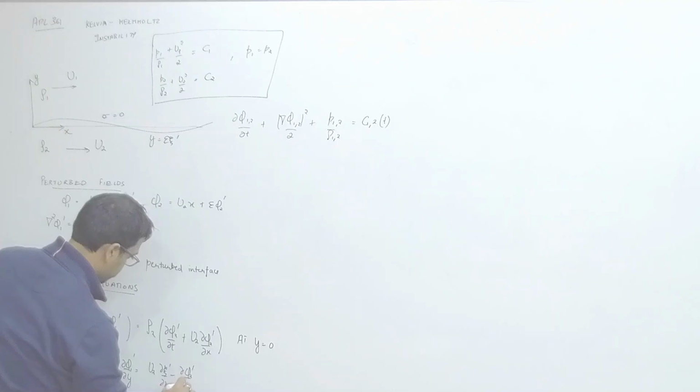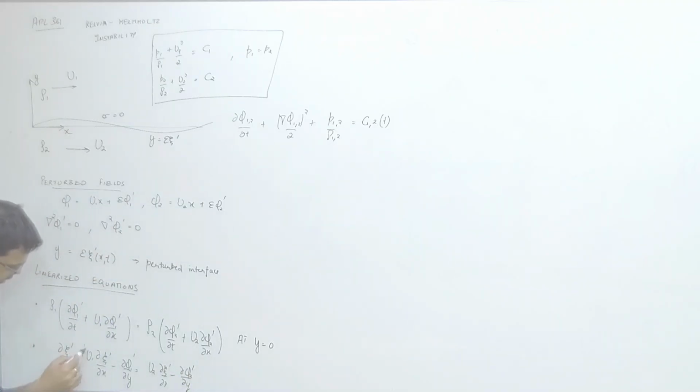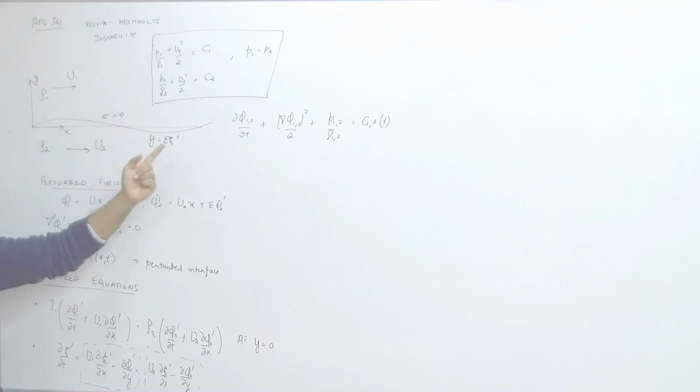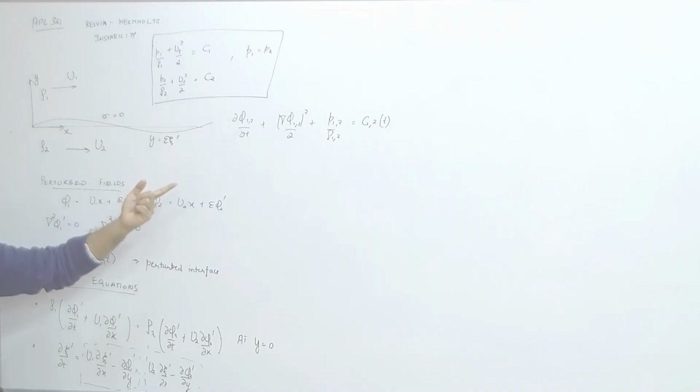Okay, this expression is essentially the linearized normal velocity. That's why both of them are equal, and it makes sense also for del c prime by del t to be equal to normal velocity. Okay.